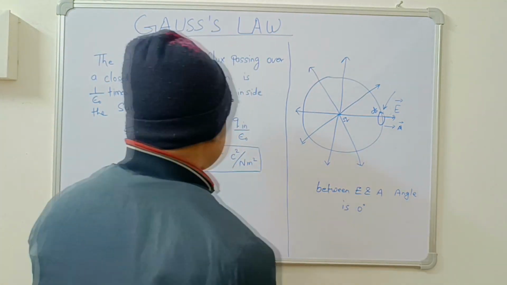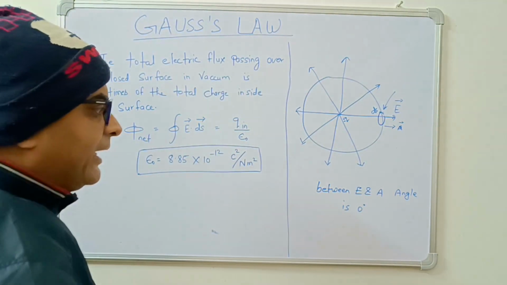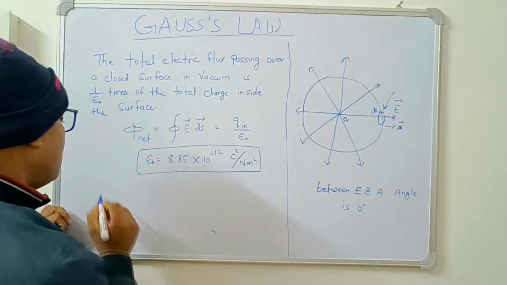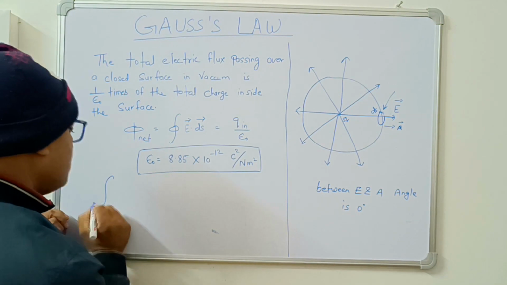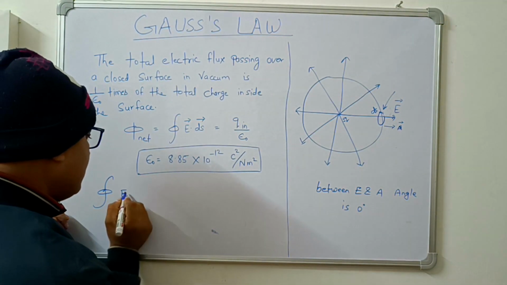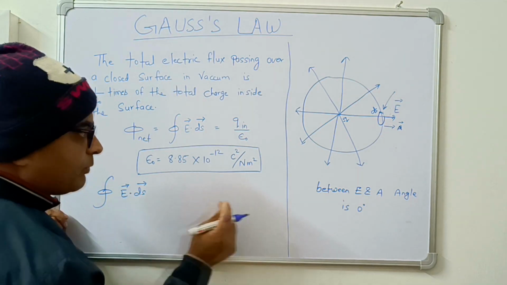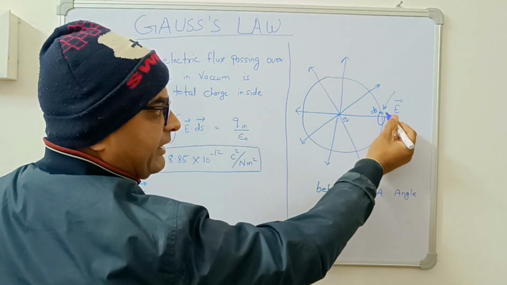Both are in the same direction, so the angle is 0 degree. If you would like to prove Gauss law, you already know the closed surface integration of E dot ds, where ds is the small area element we have taken.